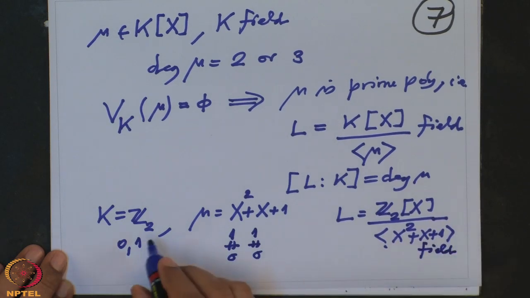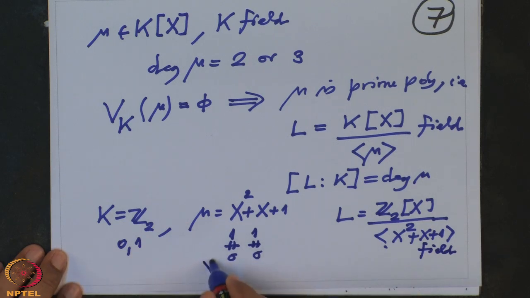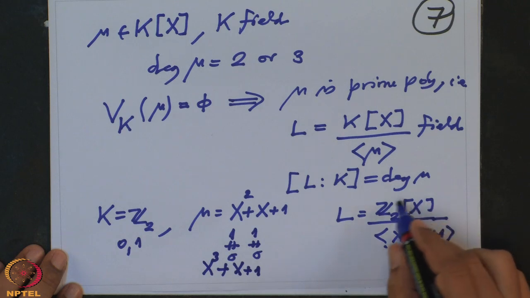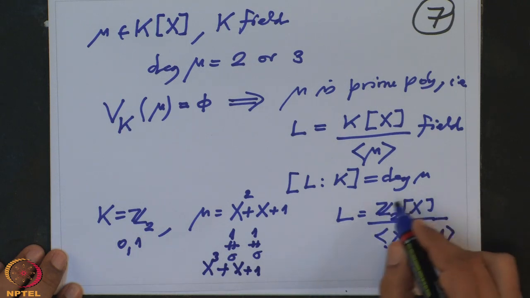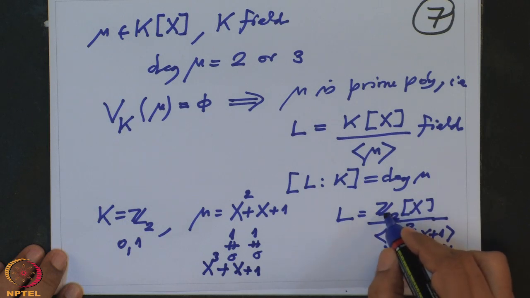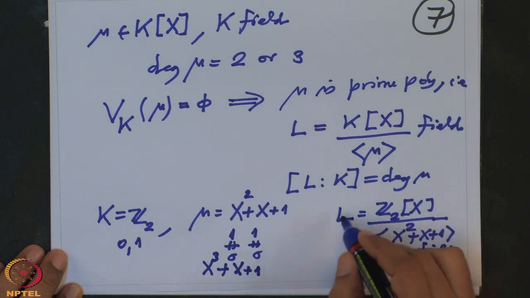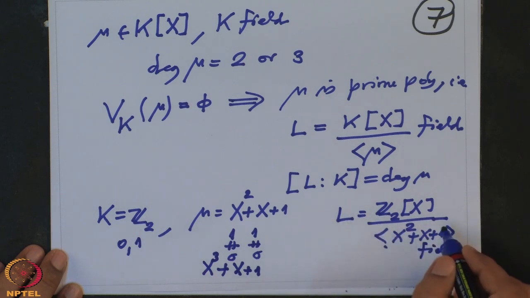That is how one checks for small values. Similarly, you can check for the polynomial x cube plus x plus 1. In the earlier case, the degree of the field extension is 2 and it is over Z mod 2. Therefore, the cardinality of L will be equal to 4.